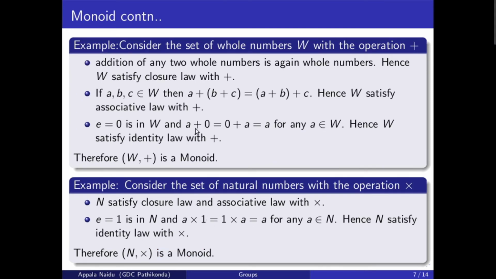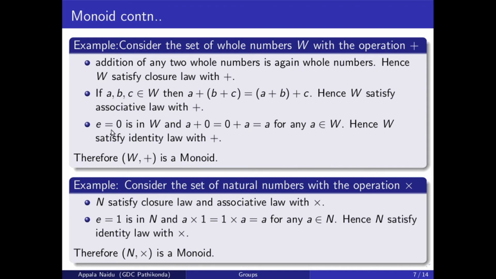Now let us see the set of whole numbers W with the operation plus. Adding any two whole numbers is again a whole number, hence it satisfies closure law. Addition is associative on the set of whole numbers, therefore it satisfies associative law with addition.